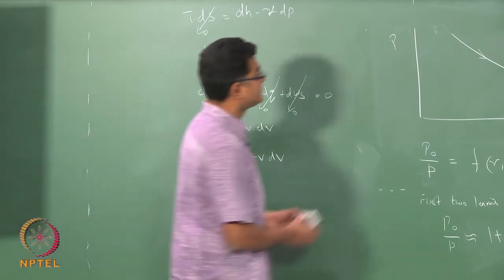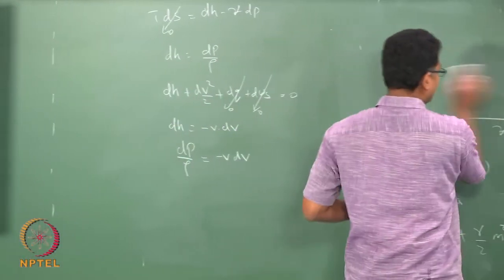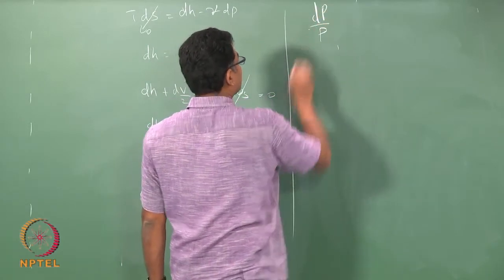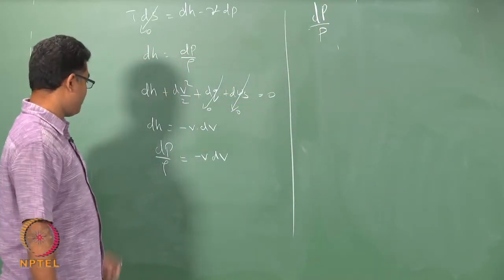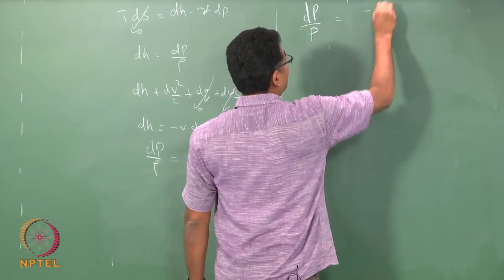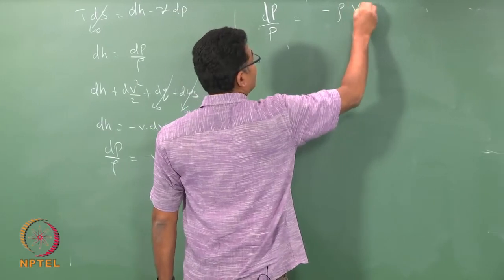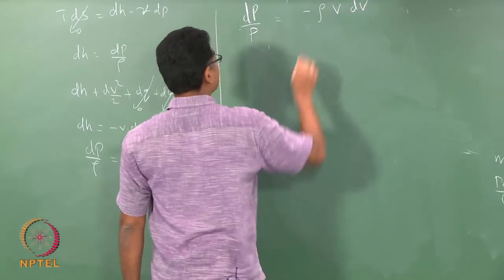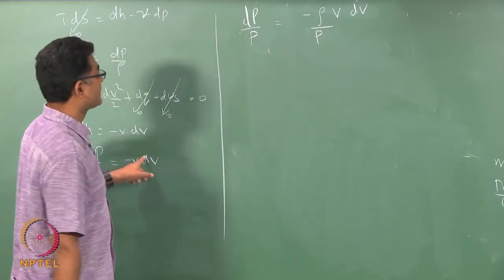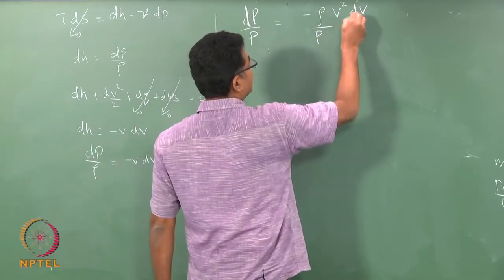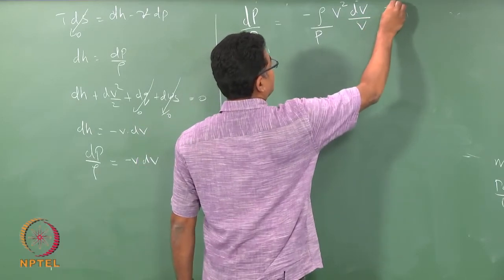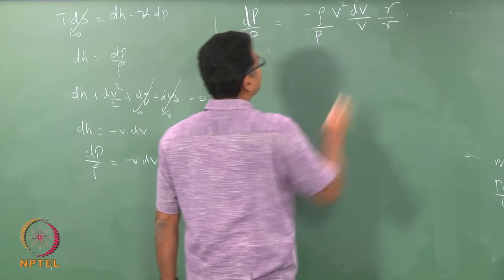Now we will start from that equation. I want to find dP by P, for which I have taken rho to the other side: V dV divided by P. I also multiply and divide by V, and I also multiply and divide by gamma.